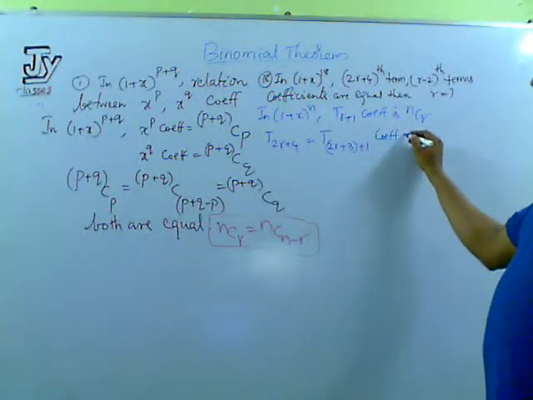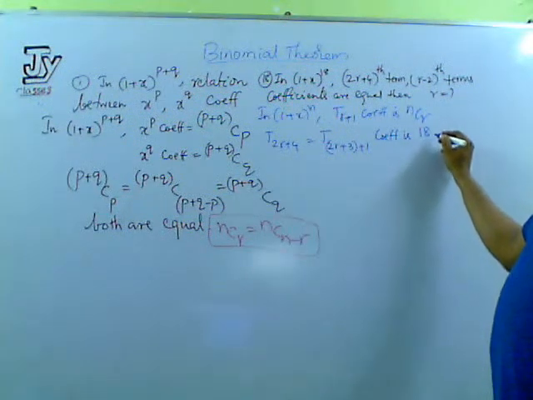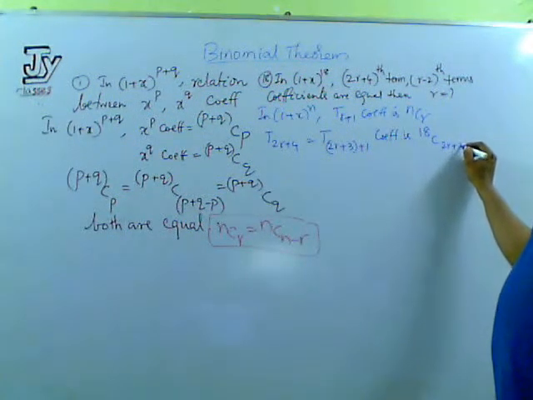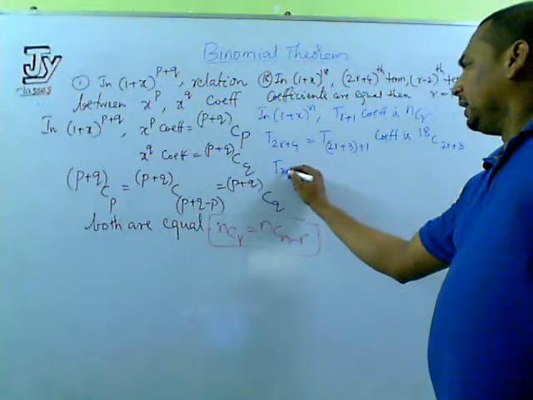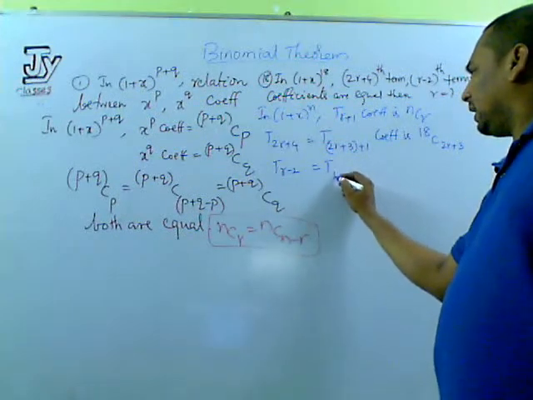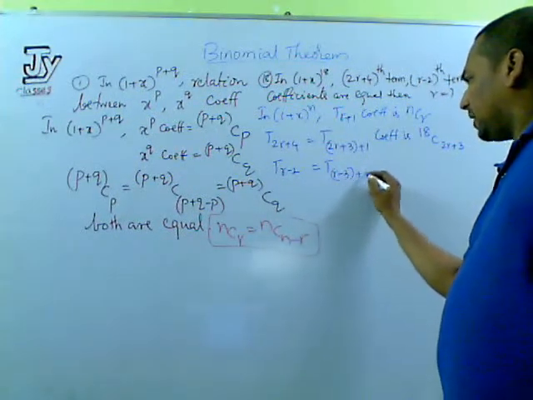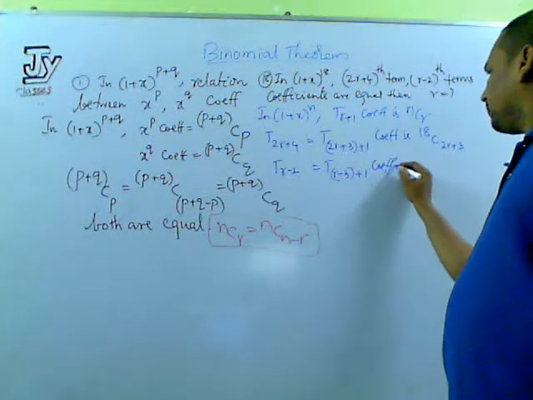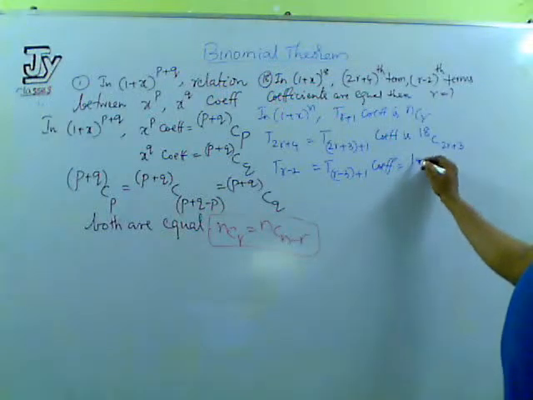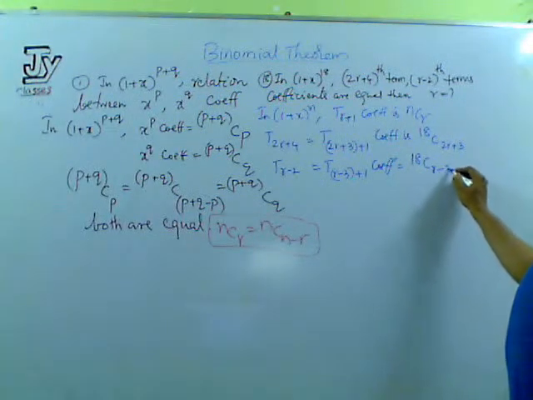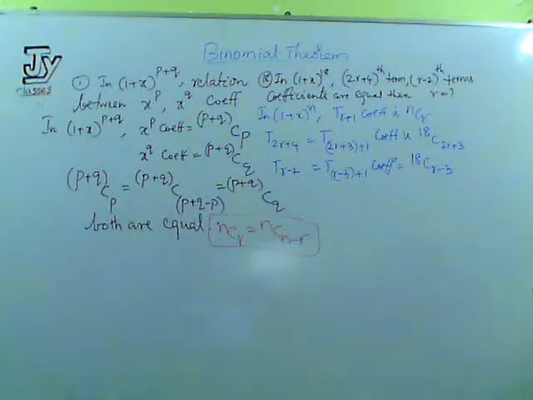Next, t(r minus 2) is t(r minus 3 plus 1). Its coefficient is 18C(r minus 3).